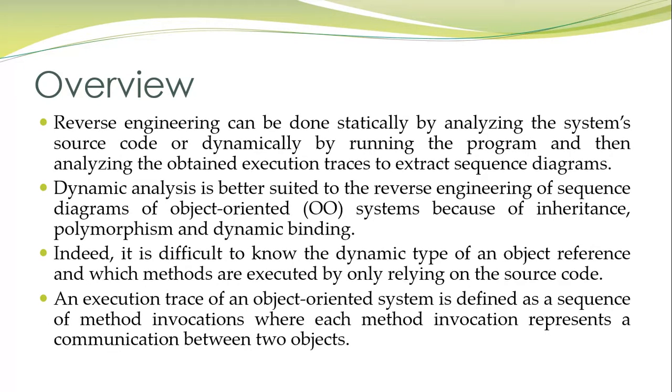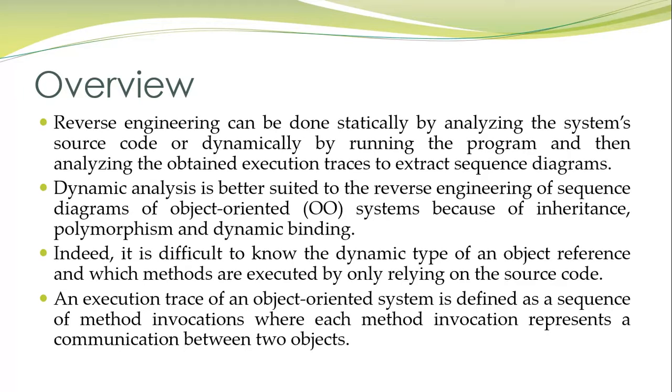The overview for the project is that reverse engineering can be done statically by analyzing the system source code or dynamically by running the program and then analyzing the obtained execution traces to extract sequence diagrams.